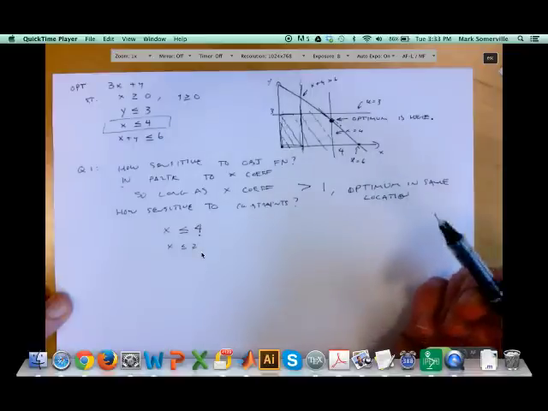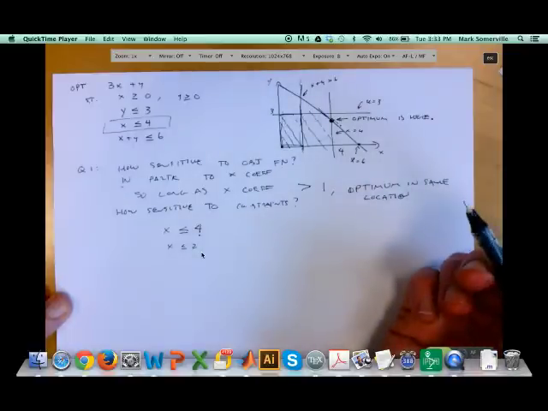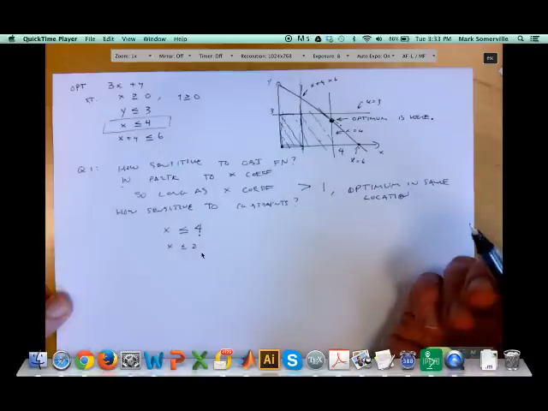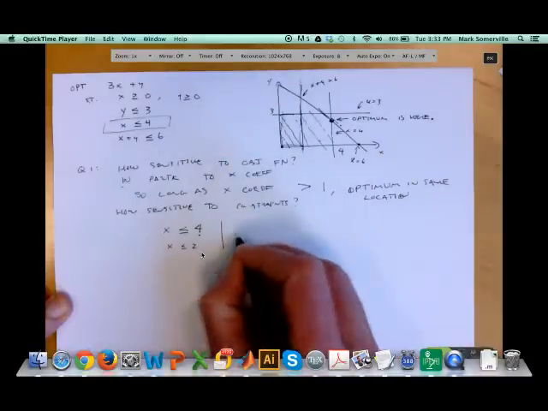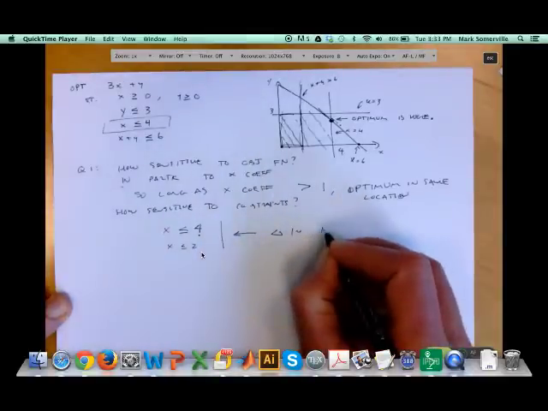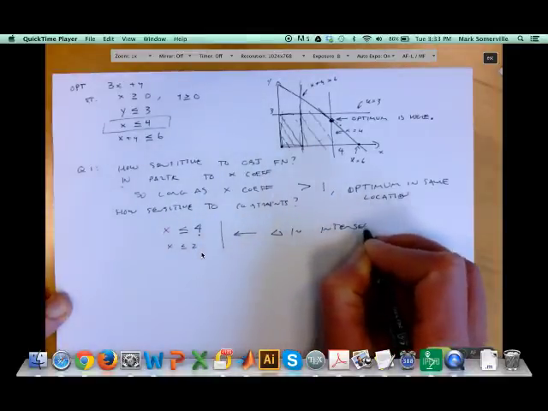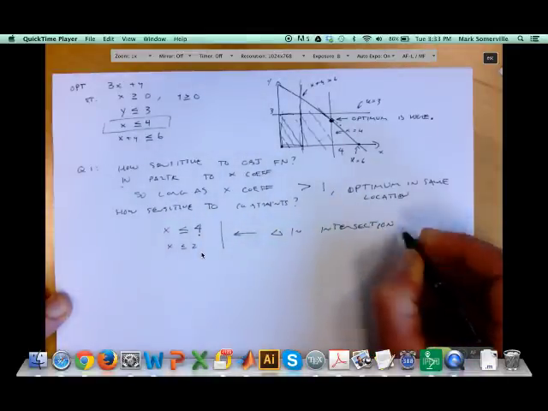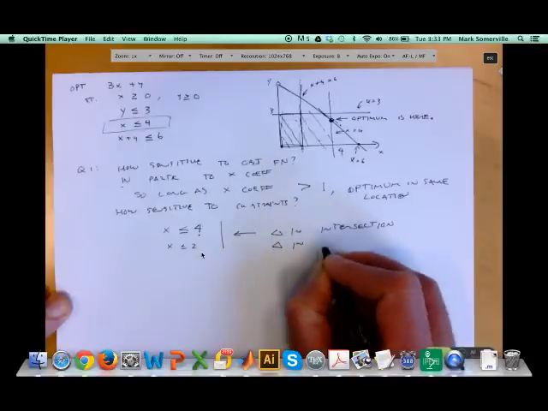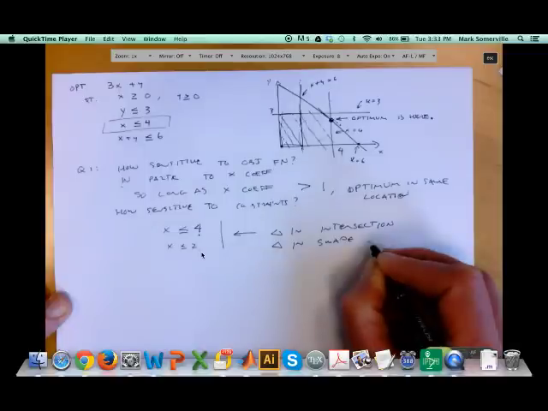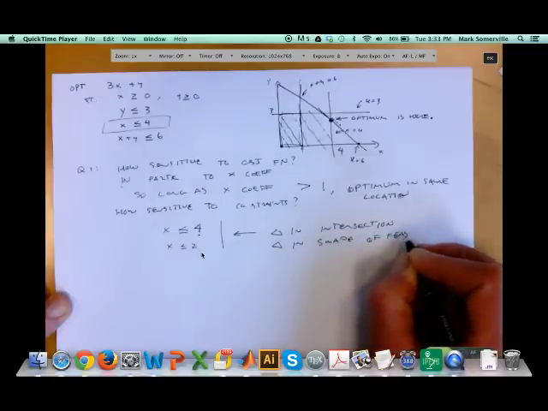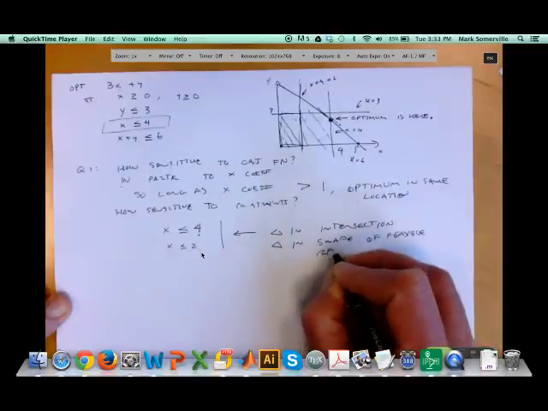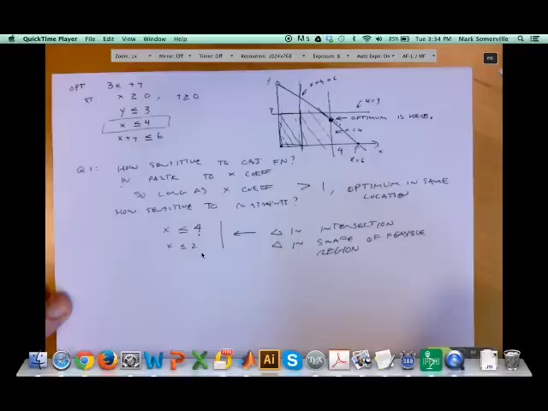So it's also possible as you change constraints that the location of the optimum changes because the actual intersections change. Another way of thinking about that is that it's a change in the shape of the feasible region, and in particular, a change not only in the shape, but in what points are actually in the feasible region.